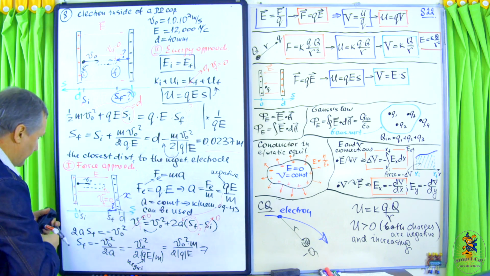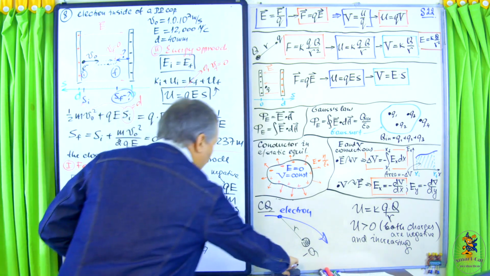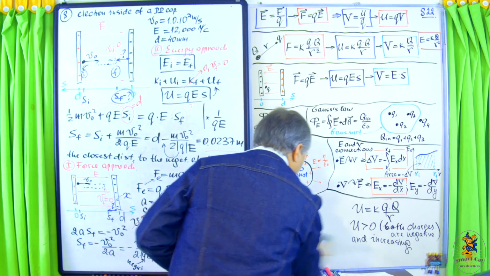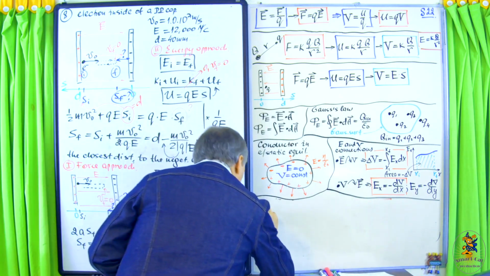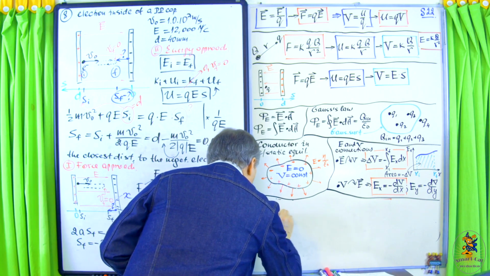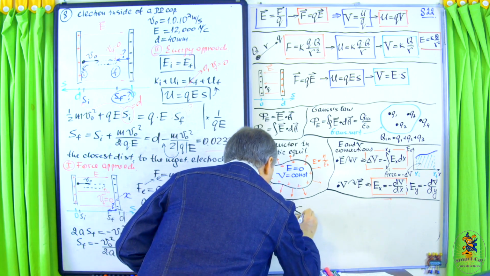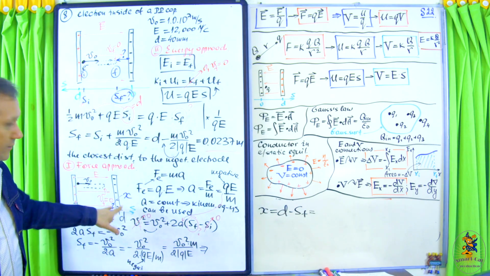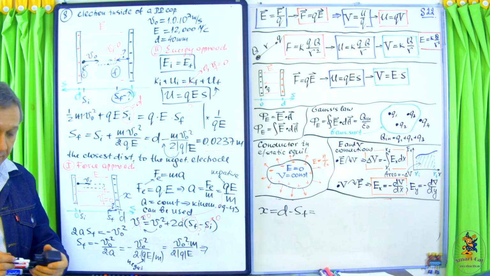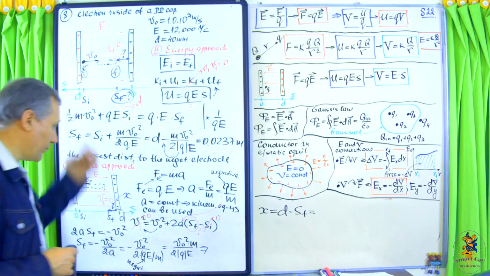Right. So, okay, let me move to this side. So finally, X will be equal to D minus SF, right? So that will be the distance which the problem wants to find.